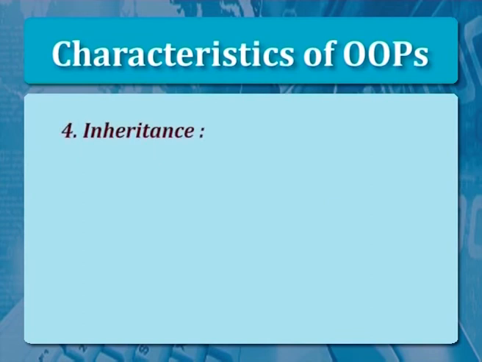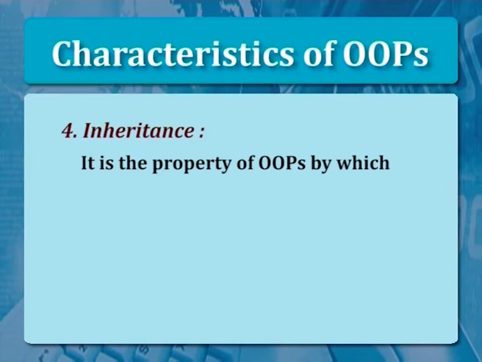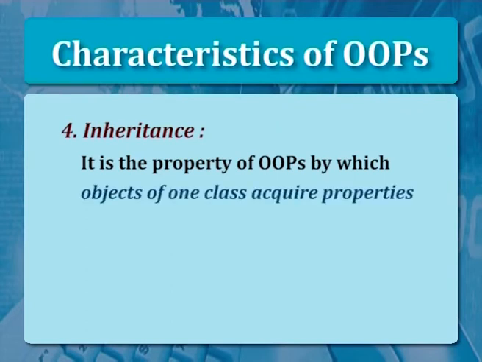Next is inheritance. What is inheritance? Very simple. You also acquire some of the characteristics or behavior of your parents. It is nothing but inheritance. So, it is the property of OOPS by which objects of one class acquire properties of objects of another class.